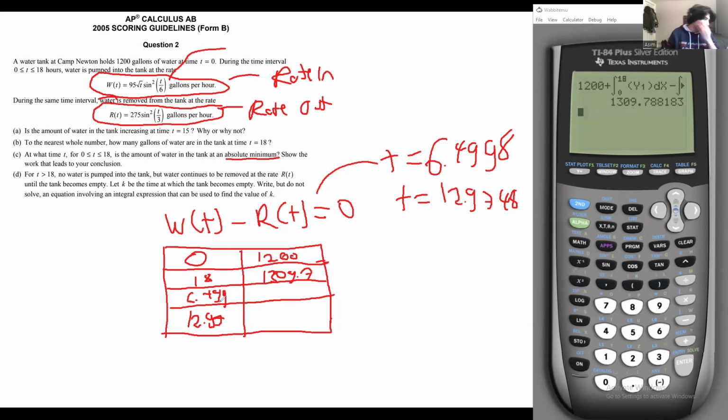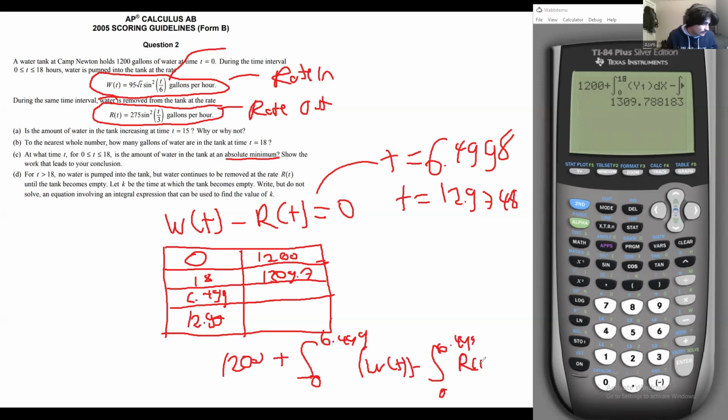So guys, we're just doing the same procedure. We're writing 1200 plus the integral from 0 to 6.499 of w of t, minus the integral from 0 to 6.499 of r of t.